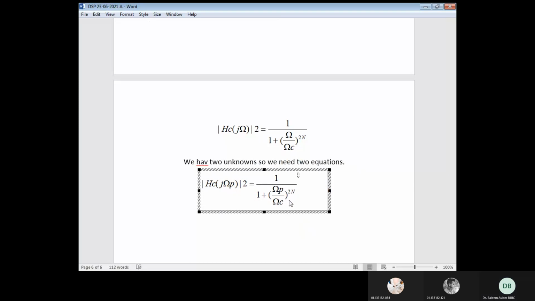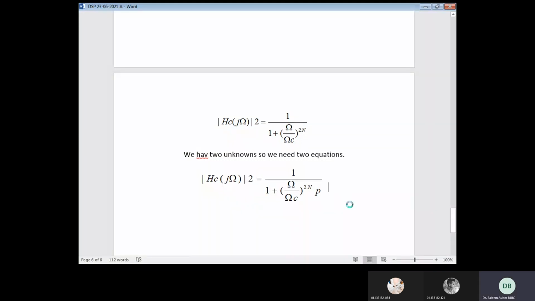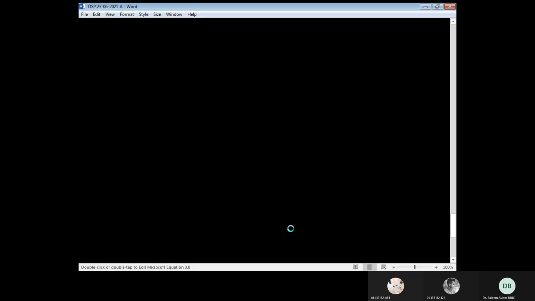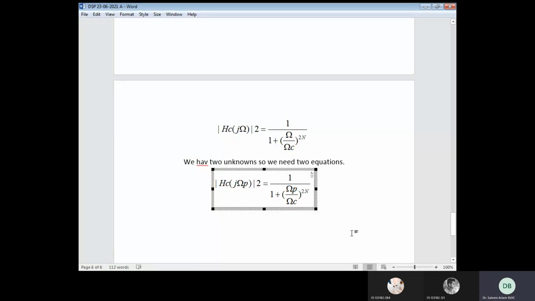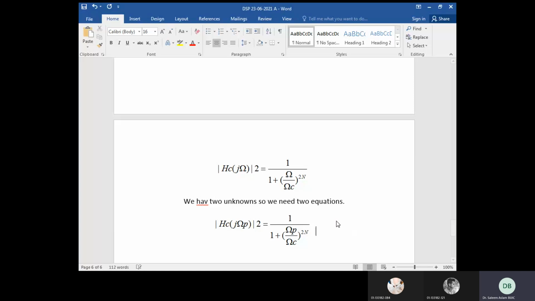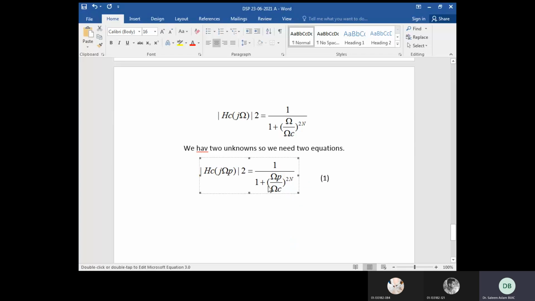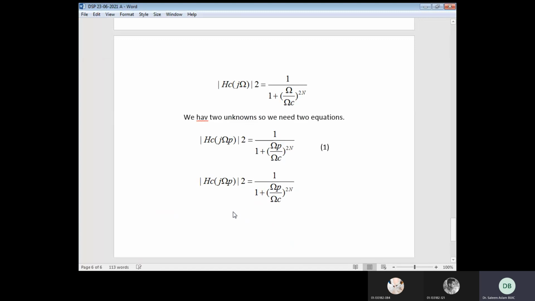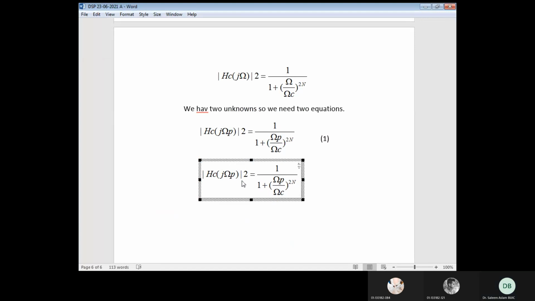This is omega pass, agree? So this is your equation 1. Let's name it equation number 1. Now make another equation. You can replace this pass band, you can replace this P with S.